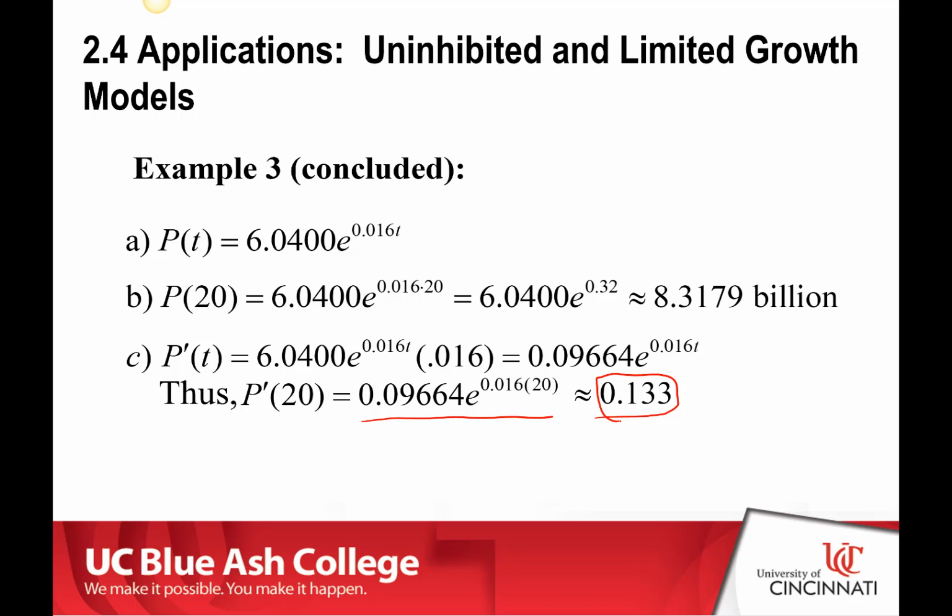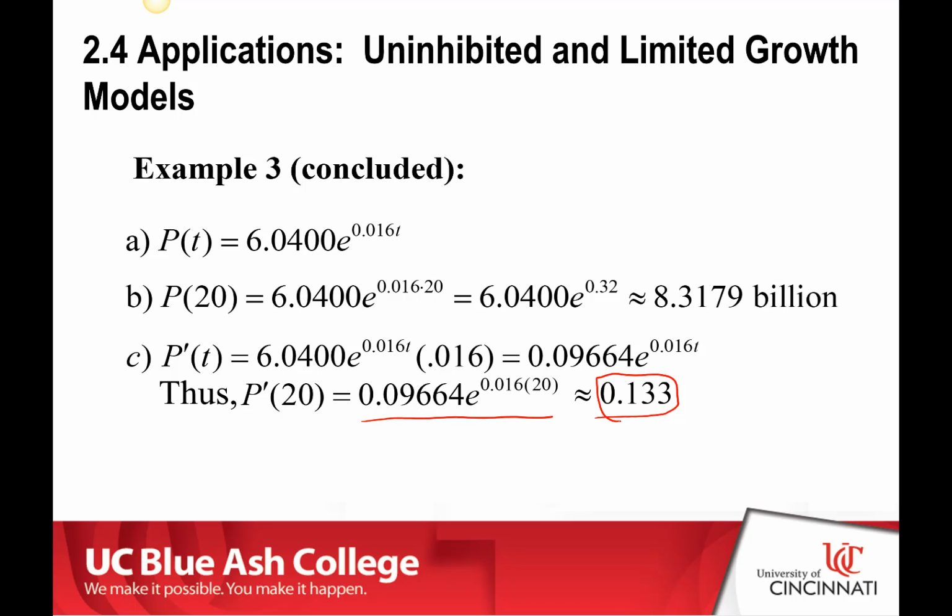If we started the year 2020, and how big of a step are we going to take? 1. So if we go from 2020 to 2021, it's estimated that the population will grow by 0.133 billion. Probably an easier way to say that is 133 million people.